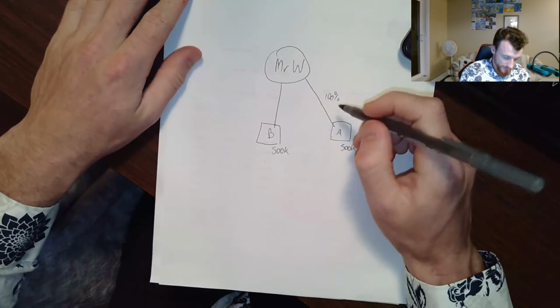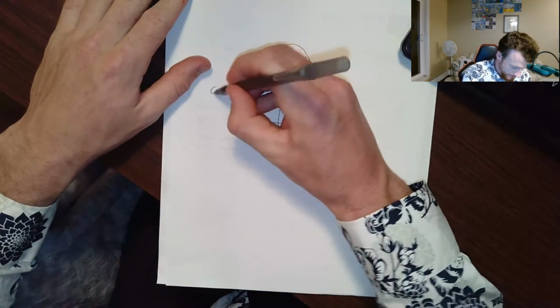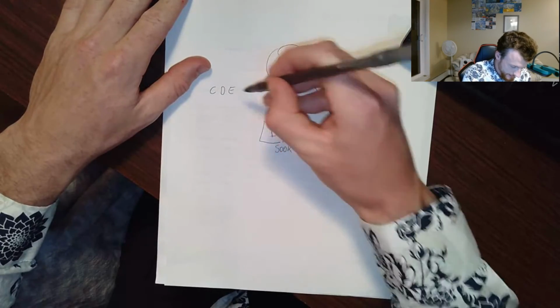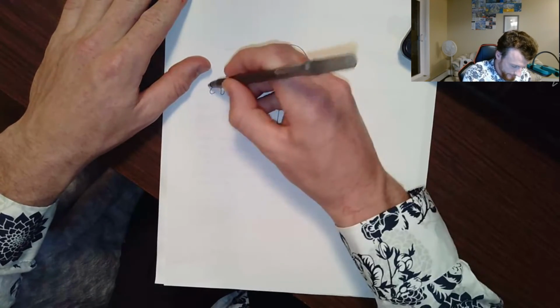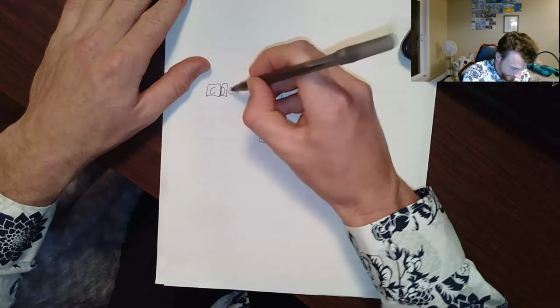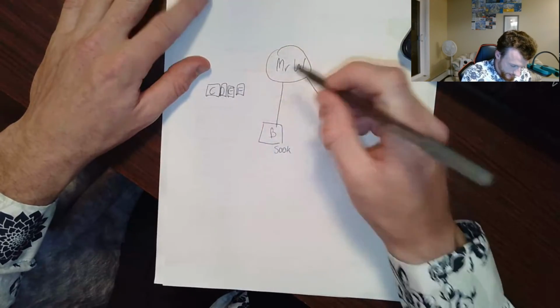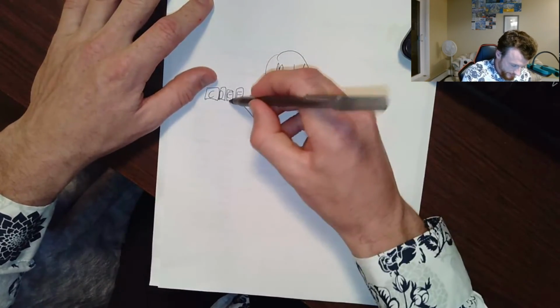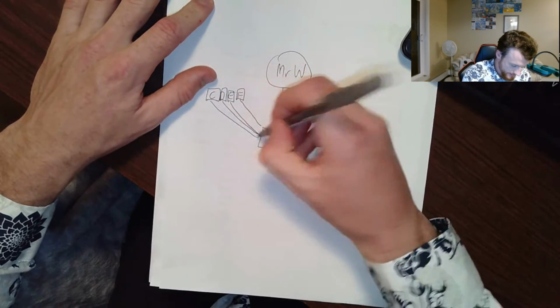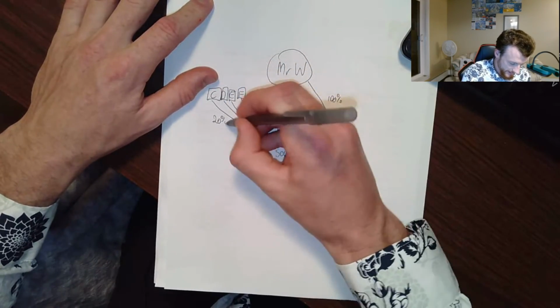So one idea that Mr. W has is he's going to set up C, D, E, and F. Each one of these corporations is going to own 20% each.